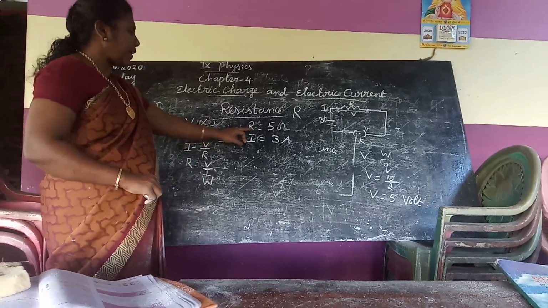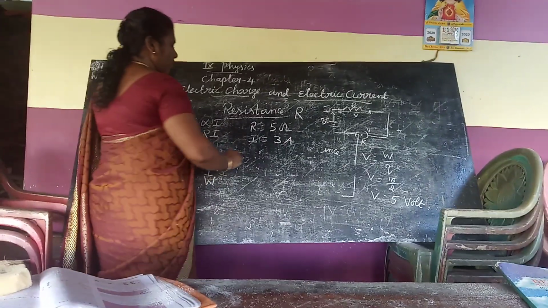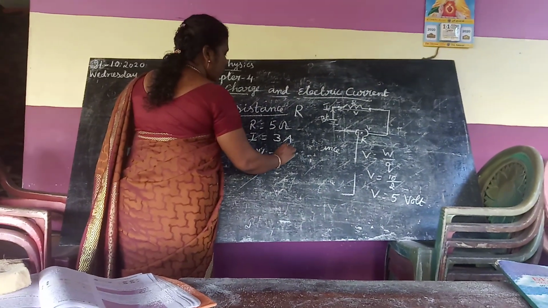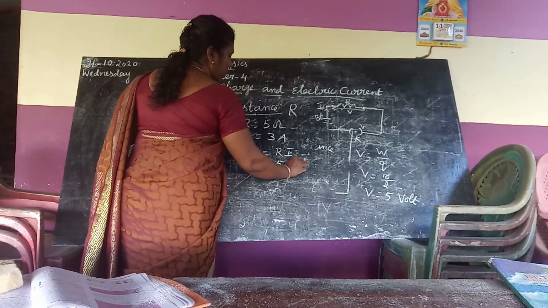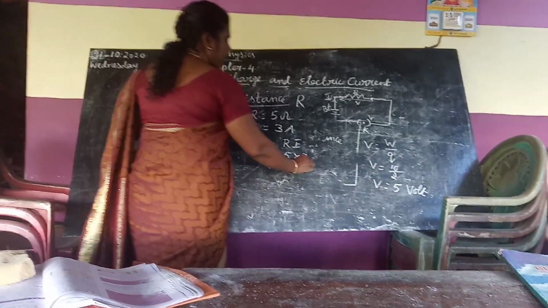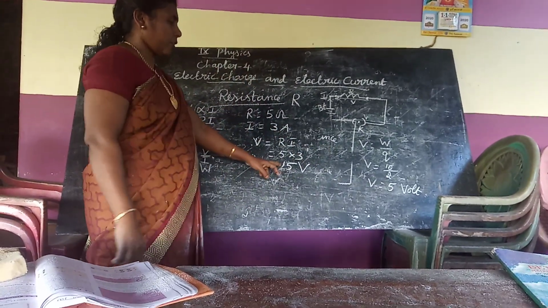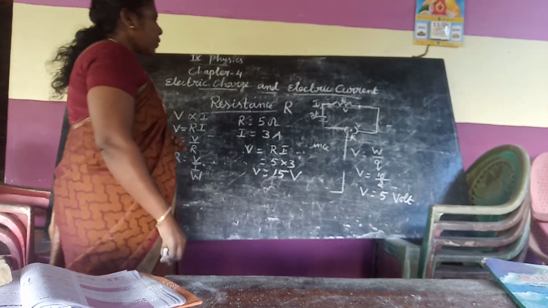You have to calculate the potential difference. Our formula is V equal to R I, so you multiply 5 into 3. V equal to 15. The unit of potential difference is volt. You can write Volt or V. Like that you have to find out.